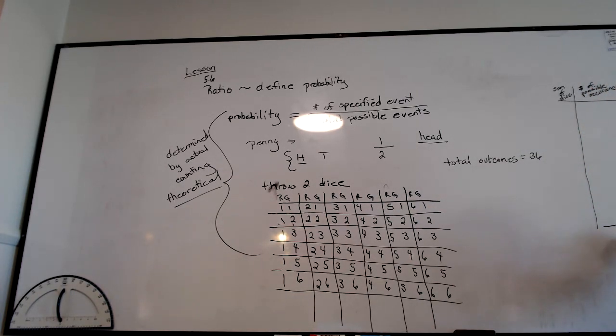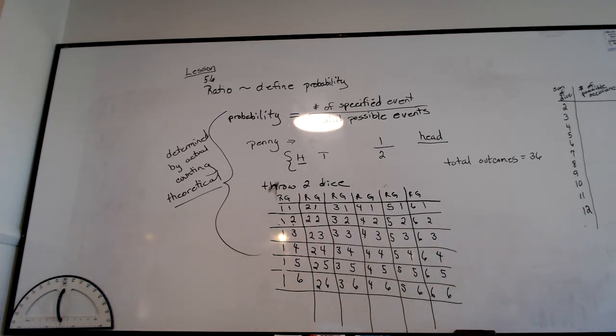We should come up with 36 when we're done, because if I add two dice together, I don't get more than one sum. What's the smallest sum when I throw two dice? 2. What's the largest sum? 12. So we're going to have everything in between: 3, 4, 5, 6, 7, 8, 9, 10, and 11.